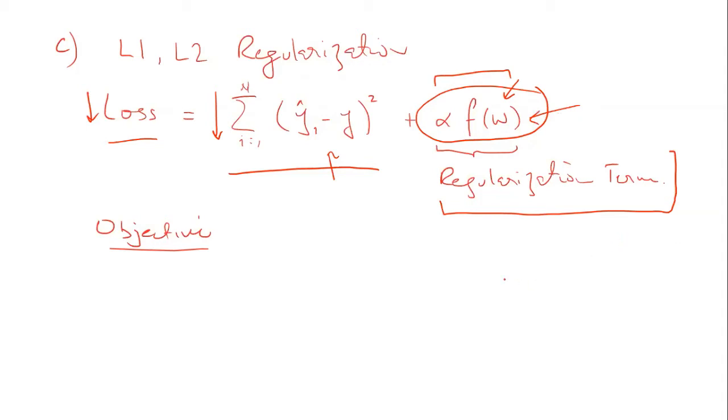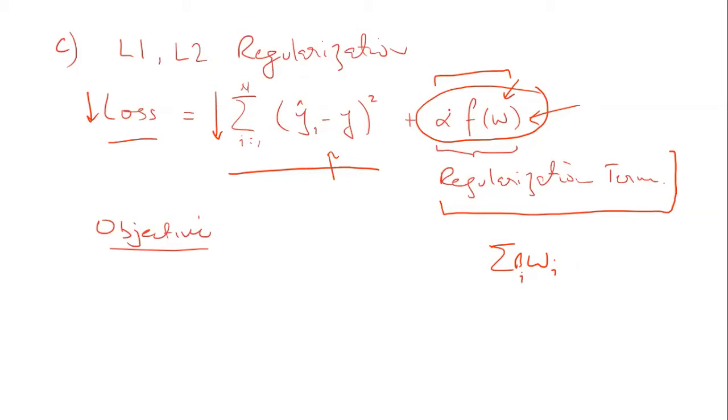It could be something like a summation of W sub i's, simply a sum of all the W sub i's, or it could be some weighting of these. For example, you could add some beta sub i, so you're doing a weighted sum of all the weights and so on.